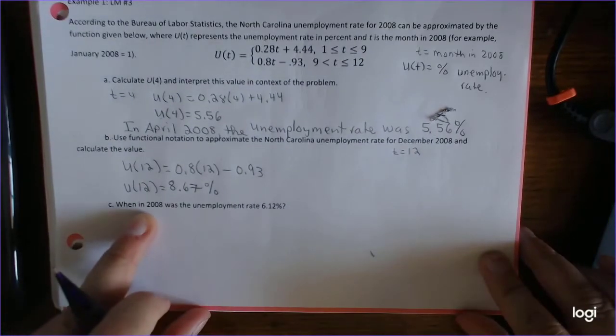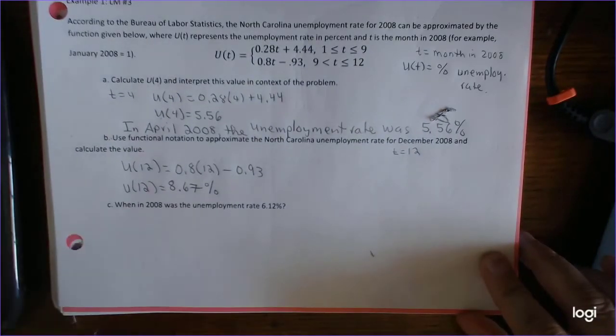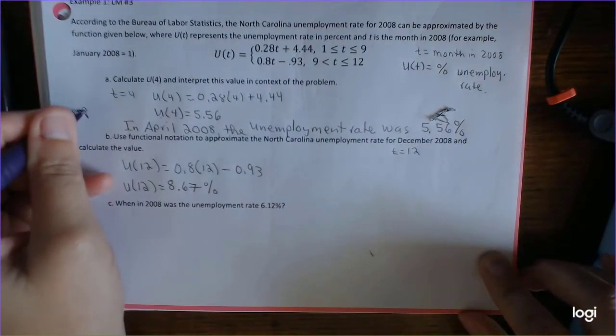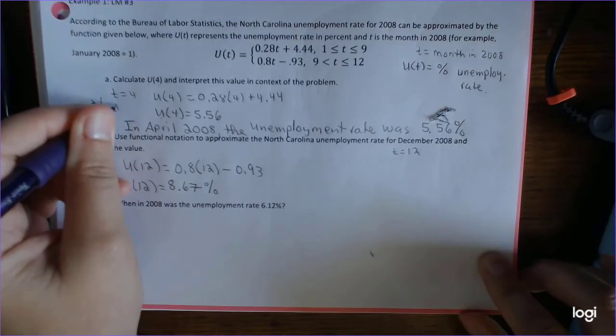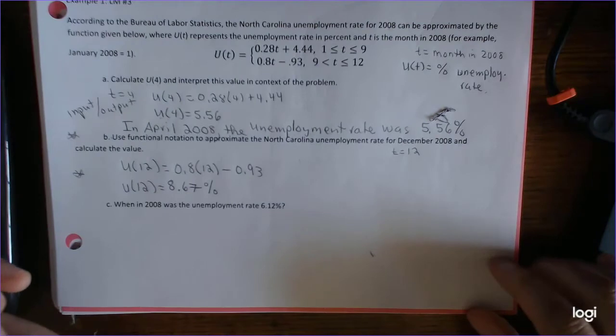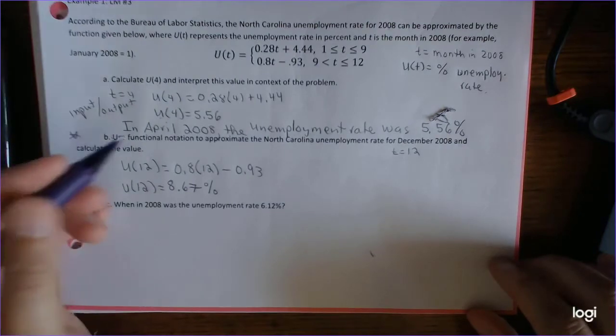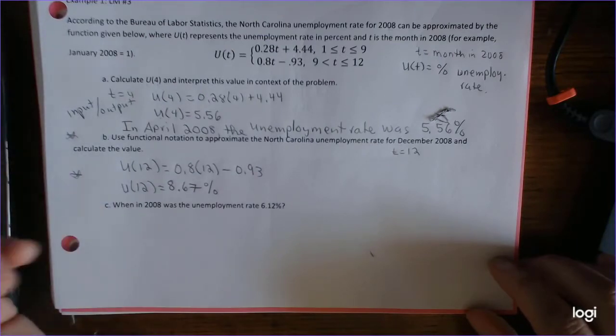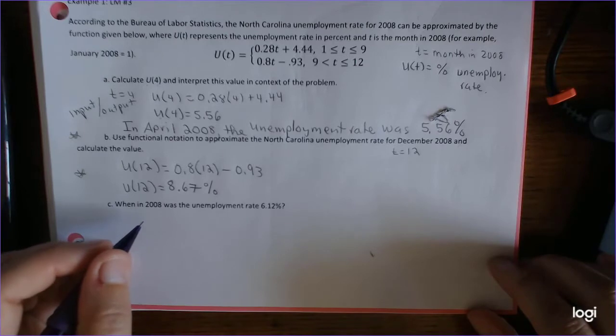Next, when in 2008 was the unemployment rate 6.12%? So these two I call input-output problems. They're easier. They're what we used to call in my classes plug and chuck. We're given the input, we put it into the function, you can use a calculator, and it'll spit out the output. But this one, you have to notice the difference.